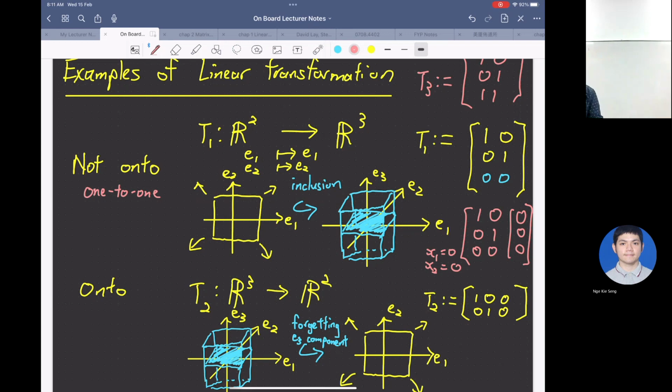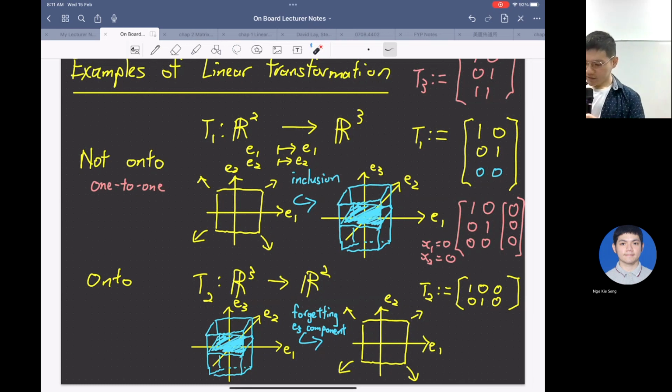So from the diagram, how do you see one-to-one here? You can see that every point just gets mapped to one point in the codomain. Okay, one picture. How about the next part? Is this T2 one-to-one or not?